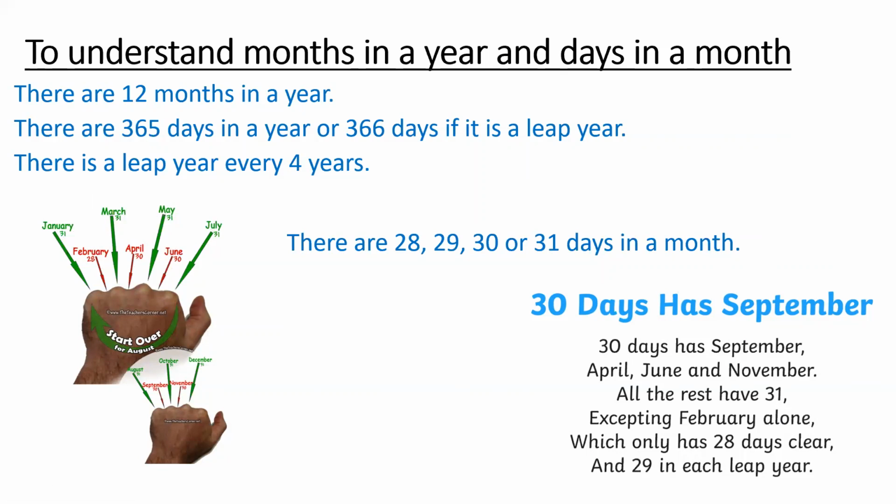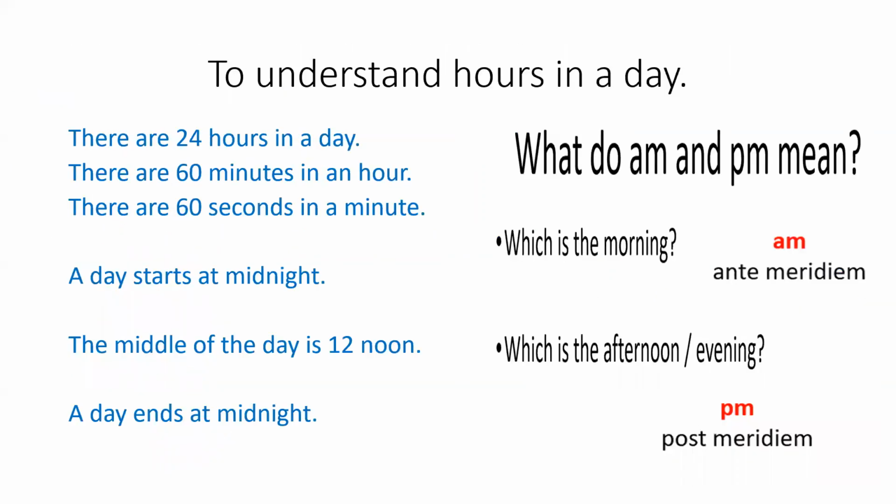So now we know 12 months in a year and 365 days in a year, or 366 for a leap year. Right, now let's look at a day. There are 24 hours in a day, and that is starting the day at midnight and it ends at midnight. So we start our day from midnight. So that means that the middle of the day is going to be 12 hours later, which is half of 24.